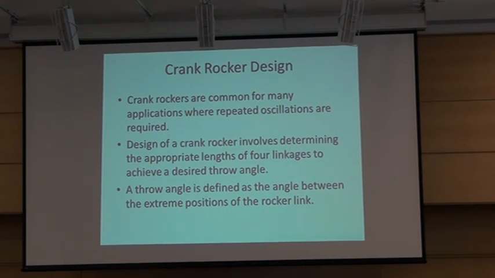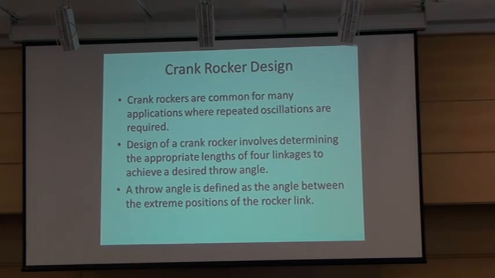Crank rockers are common for applications where repeated oscillations are necessary. Often, they're actually pretty hard to see, but something like train wheels, the system that makes them go is very similar to a crank rocker, or your at-home fan oscillation system, what makes that go back and forth and oscillate, is very similar to a crank rocker.